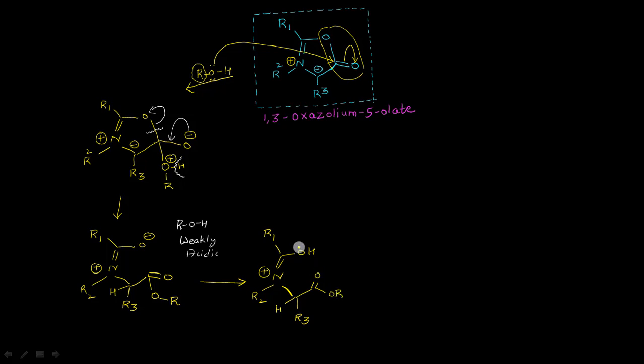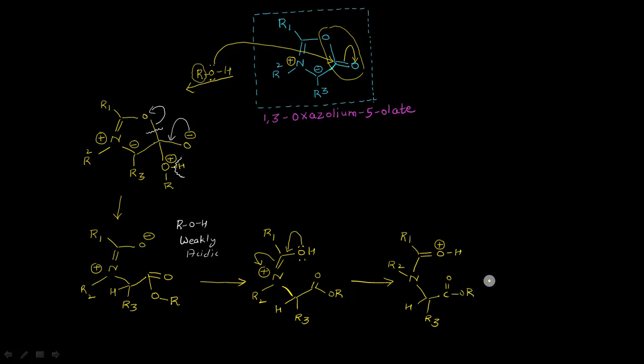As soon as this intermediate is generated in this reaction, in the same way these electrons will shift here, dispersing the positive charge on this nitrogen atom, resulting finally in the formation of R1 single bond, double bond oxygen here. And this will also have one hydrogen and now a positive sign here, of course. This will now become a single bond, nitrogen having R2, one single bond, H here, R3, and this is C double bond OOR.